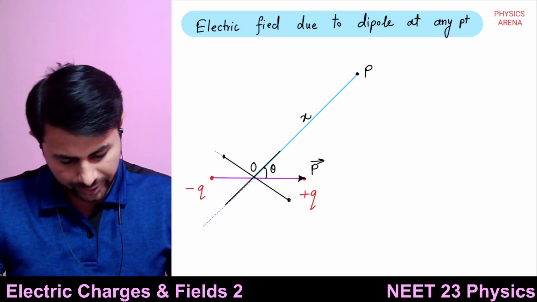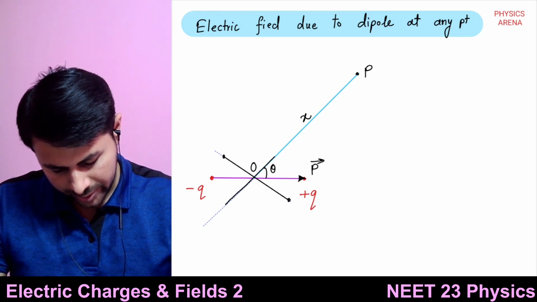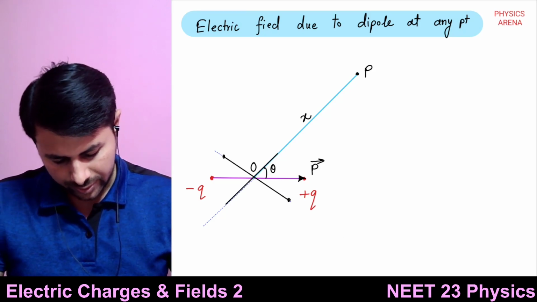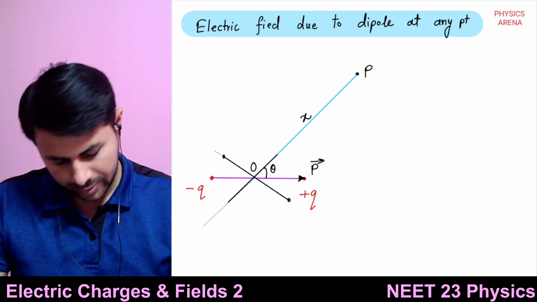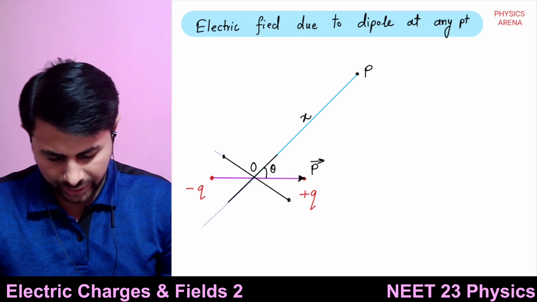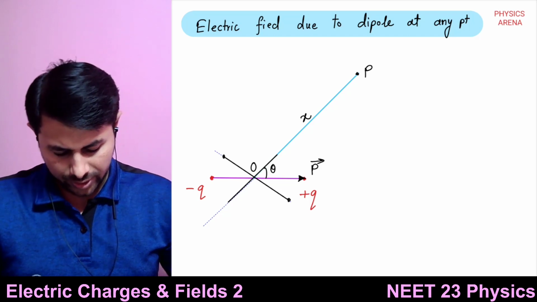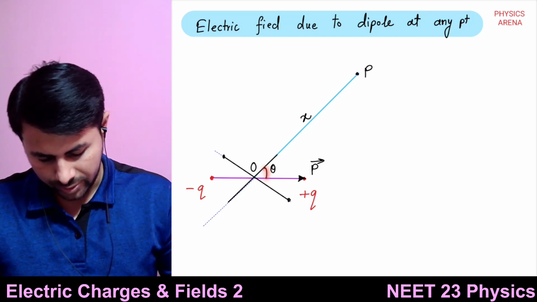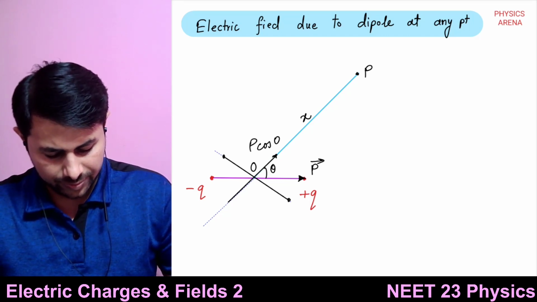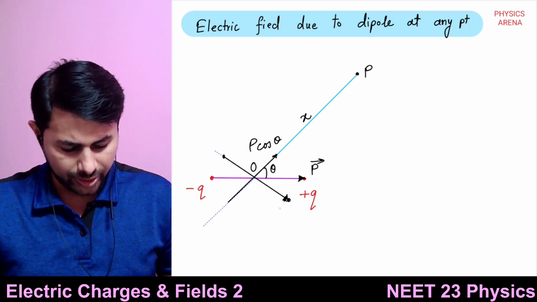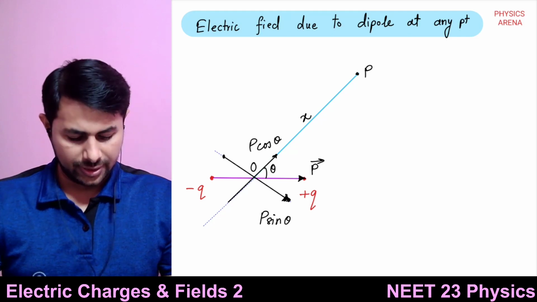So we are resolving this p bar along two perpendicular components. This angle is theta. So this component would be p cos theta, and this component would be p sine theta.